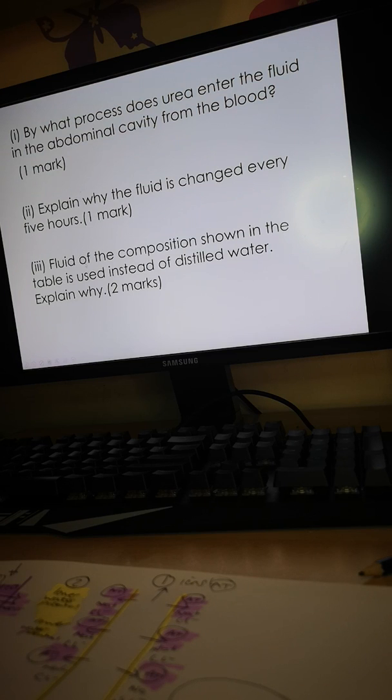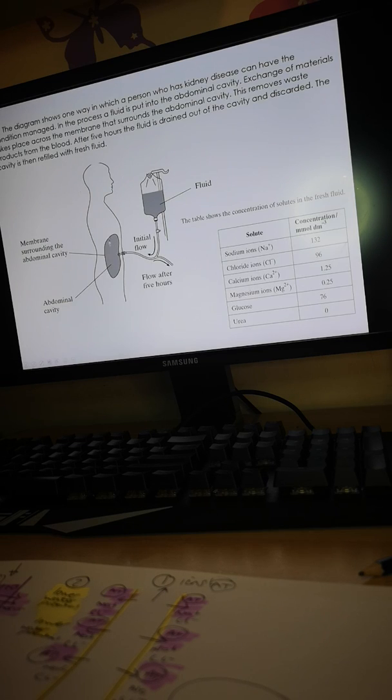It says the fluid of the composition shown in the table was used instead of distilled water. Explain why. Well, what you want to happen is for urea to move from the blood into the fluid, but what you don't want to happen is things like glucose and ions that you need in your blood would also move. So you can see they're in quite a high concentration in the fluid.